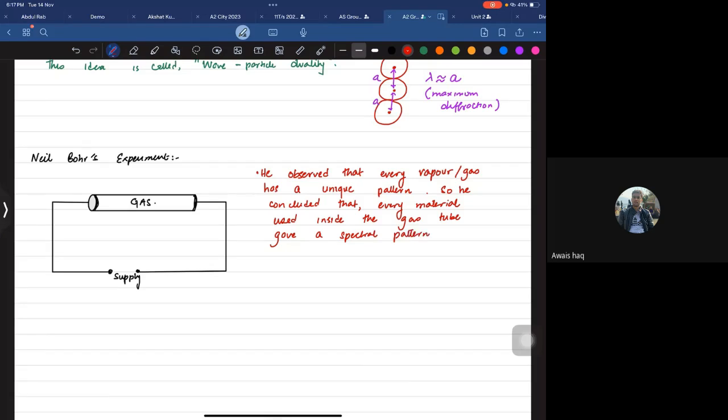Spectral pattern is like colors that come out in form of photons, obviously. Signature to the material. So every pattern he got from different material was unique. All right, so we're going to remember that.